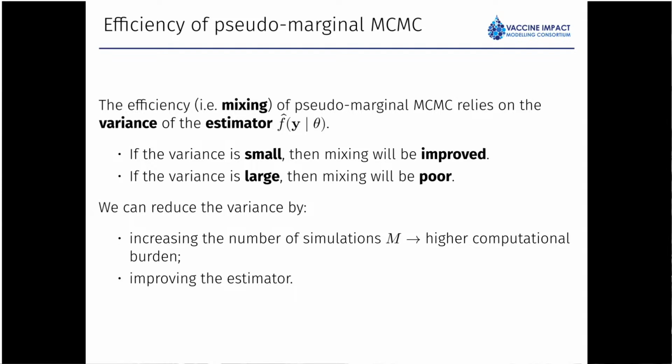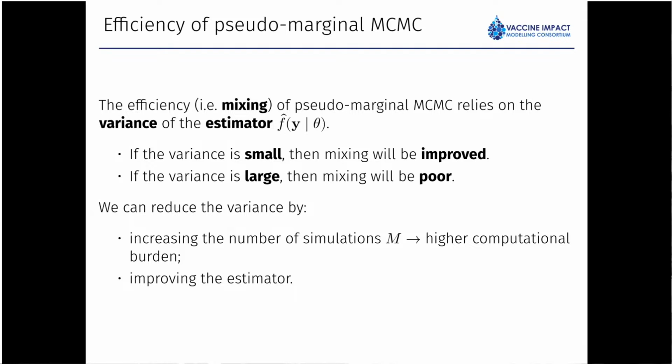In a pseudo-marginal algorithm, in addition to that, the variance of the estimator of our likelihood also has an impact on how well the chain mixes. Okay? So if my estimator is not very good and it has a large variance, I'm very uncertain, then the mixing will be poor, all right? If the variance is very small, then the mixing will be much better, okay? And if I were to take an infinite number of simulations of my model, then I would get the exact likelihood, right? And then the only thing I would need to worry about is the proposal distribution, okay?